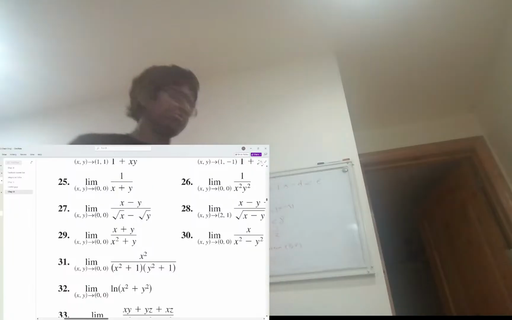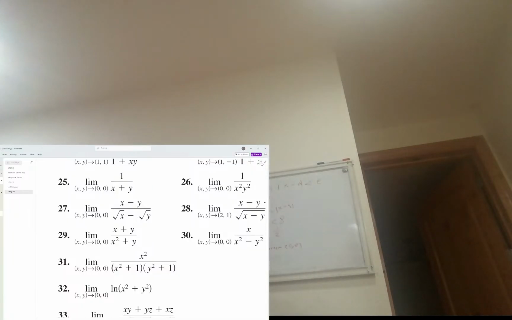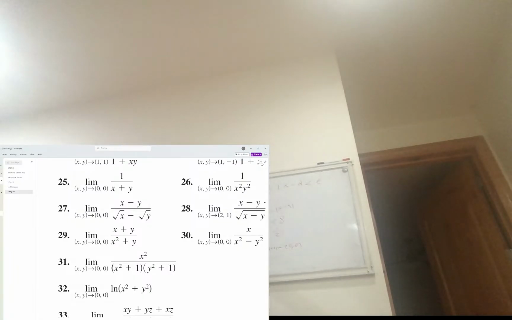So the limit as x, y approaches 0, 0 is what you're looking for, and it's equal to x minus y over the square root of x minus the square root of y.